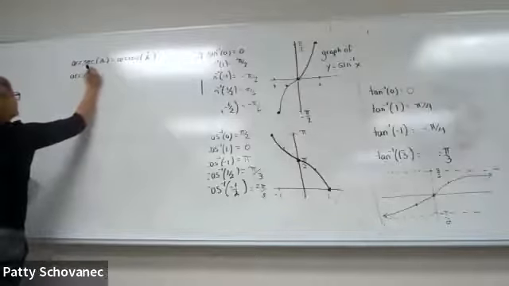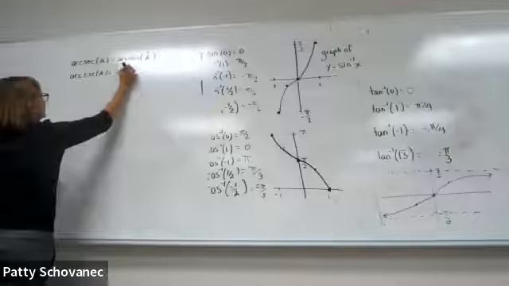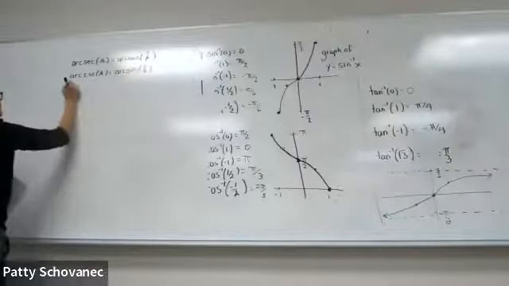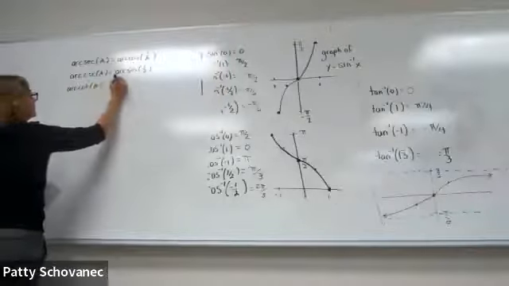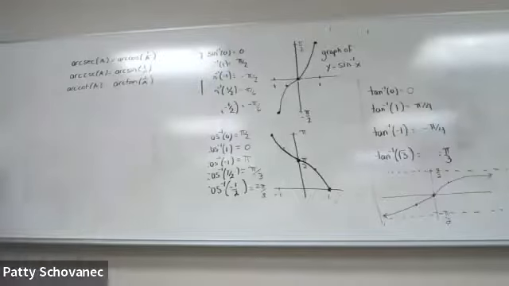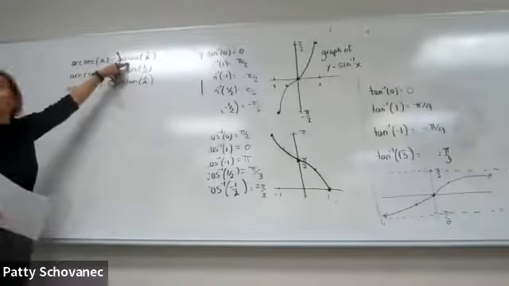The arc cosecant of any number is the same as the arc sine of 1 over that number. And the arc cotangent of any number is the arc tangent of 1 over that number. So if I want the arc secant of 2, I just find the arc cosine of the half.